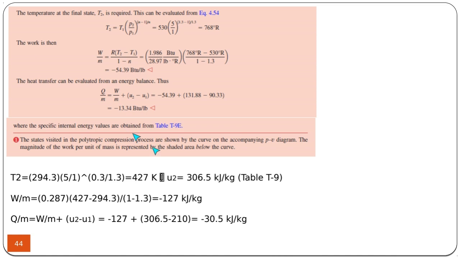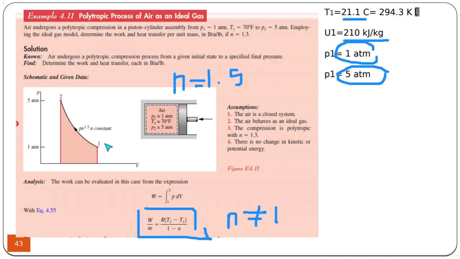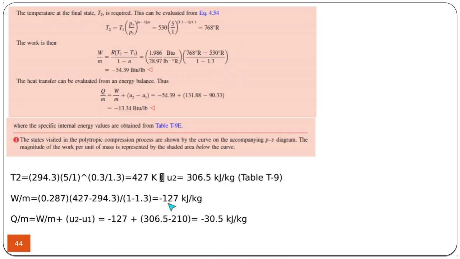It means that in order to realize this process, there is also a heat loss. So even though the pressure and the temperature seem to be increasing, at the end of the process there is a loss of heat of minus 30.5 kilojoules.